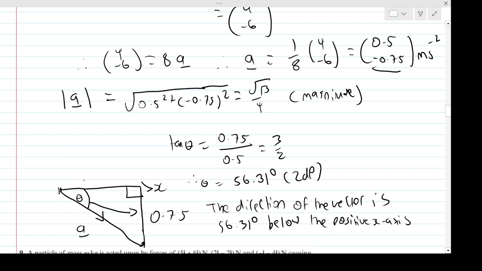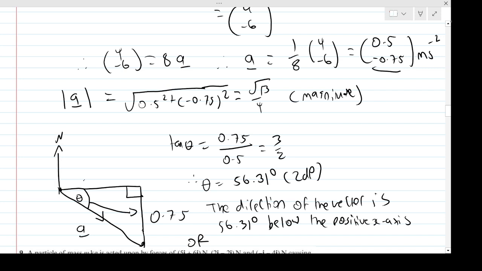Alternatively, if you don't want to faff about with being so specific about where the angle is, below what axis, you can just give the bearing. As annoying as bearings can be, they're quite simple to give the direction of something. I can just simply state the bearing. Well, the bearing is from the north line.